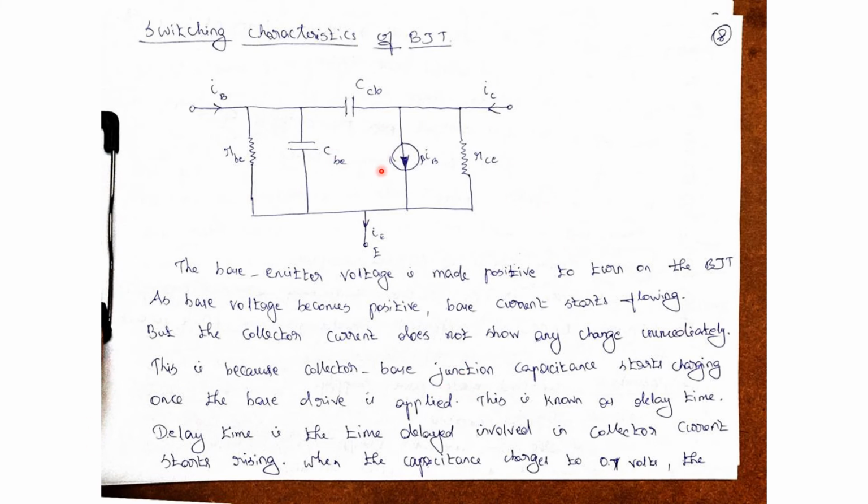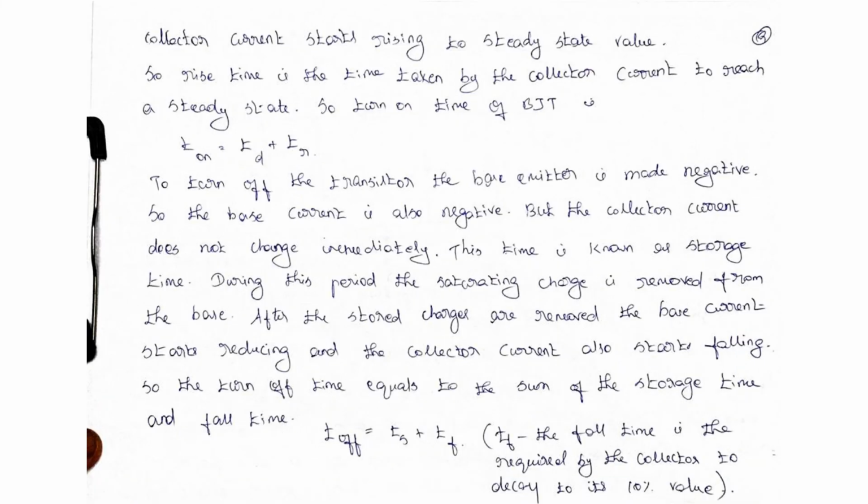Time delay means the time involved in getting the capacitance charged. Then rise time means the time taken for the collector current to reach the steady value. So turn on time is equal to delay time plus rise time, the time required to rise the collector current.